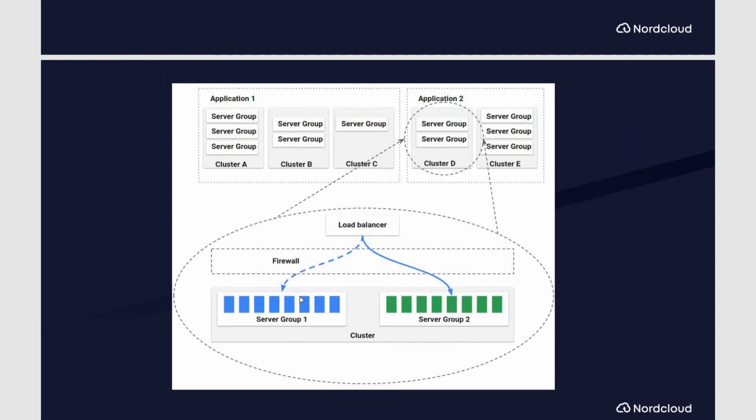And like you see in the colors here, this implies that we are using blue-green deployments. Blue-green deployments, for example, work in the way that you deploy a new server group, and if everything looks good, you do the switch on the load balancer. You switch traffic to the new server group, and this won't incur any downtime.